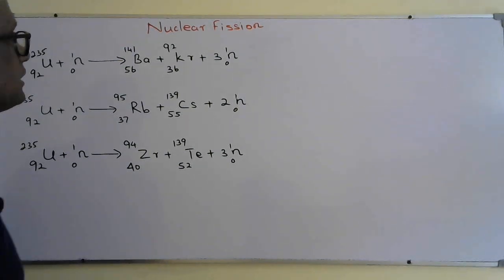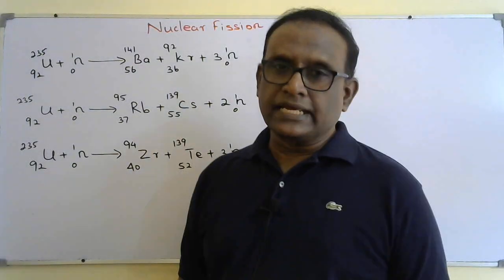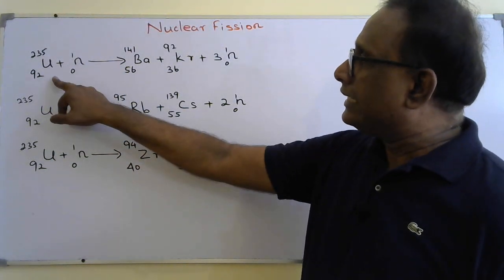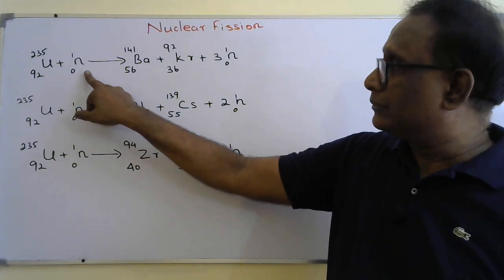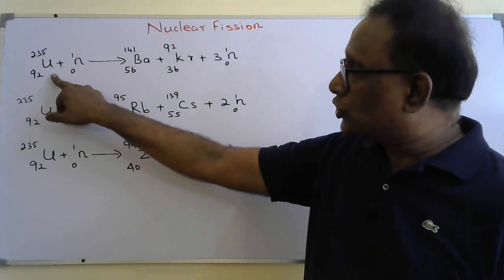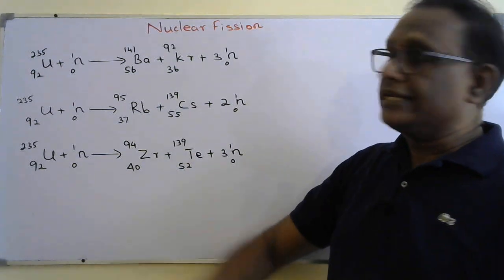Okay, so this is nuclear fission reaction. Normally, most of the textbooks and past papers give this interaction only, that is uranium-235 absorbs a thermal neutron. I'll come to the point, thermal neutron. So when a uranium-235 isotope absorbs a thermal neutron, it becomes barium, krypton and 3 neutrons.